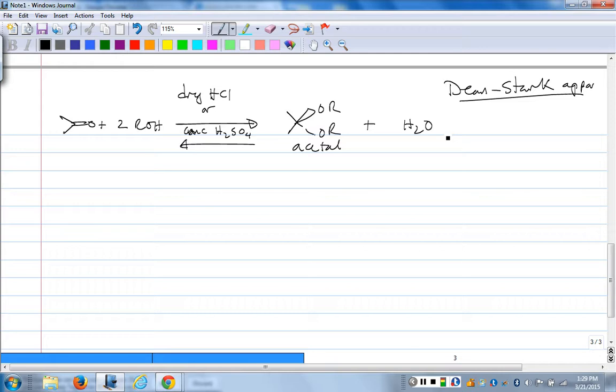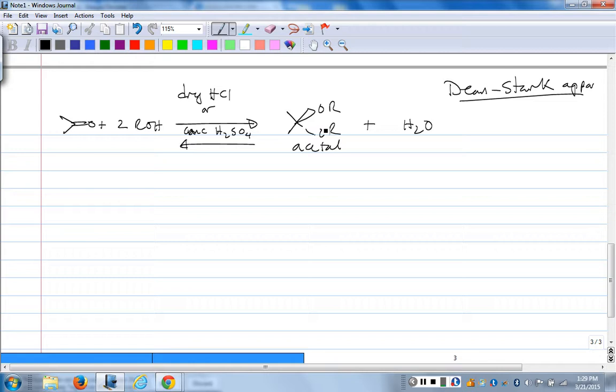So clearly, if I minimize the amount of water that comes in with the acid, which I need to protonate the O of the carbonyl compound, and I use the Dean-Stark apparatus to remove water as it's generated, that's going to push the equilibrium towards the side of making water, and in the process of making the organic compound that you desire. So that's my strategy.